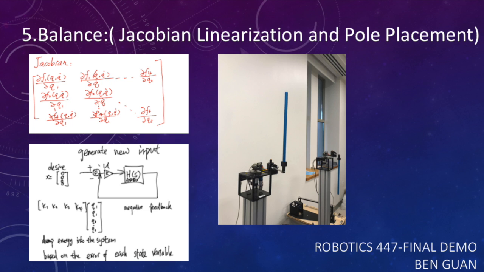Note that we use a pole placement technique to calculate the k values, and in MATLAB we use the place function, and we place the poles at minus 5.1, minus 5.2, minus 5.3, and minus 5.4, and then we calculated the k values from that. As you can see on the right, if we run the program in Simulink, the second link actually balances.